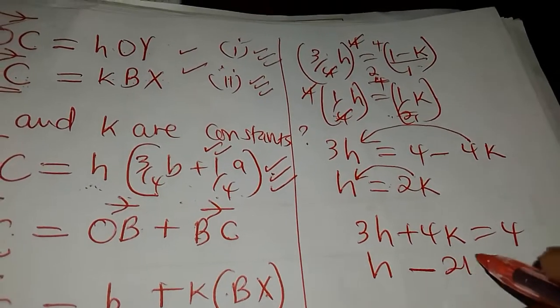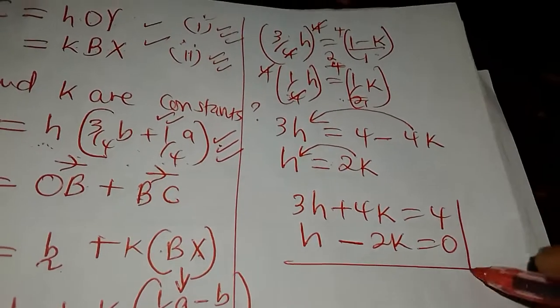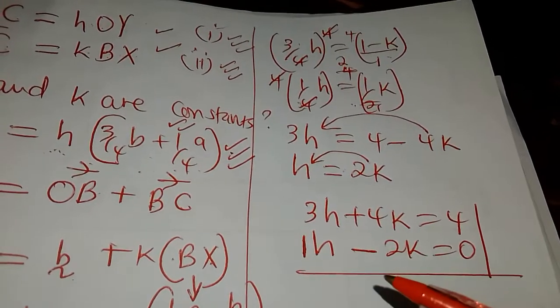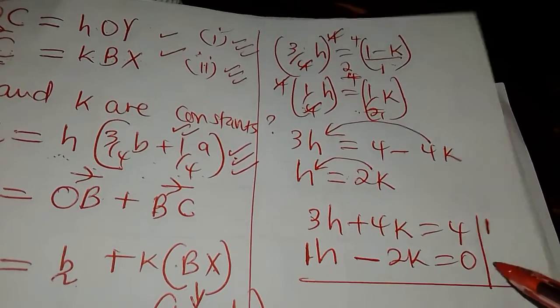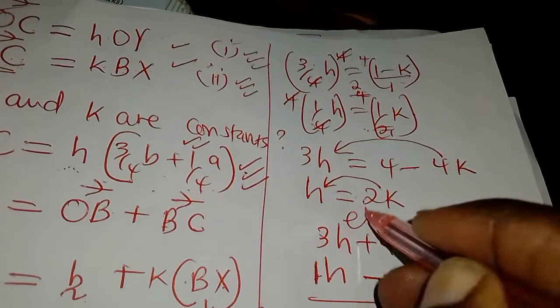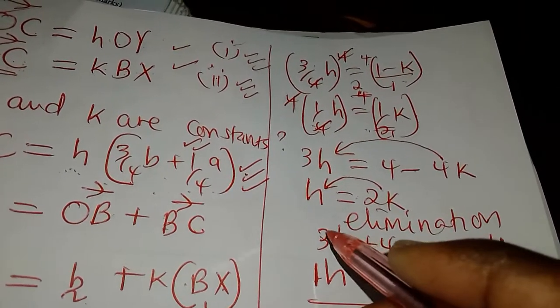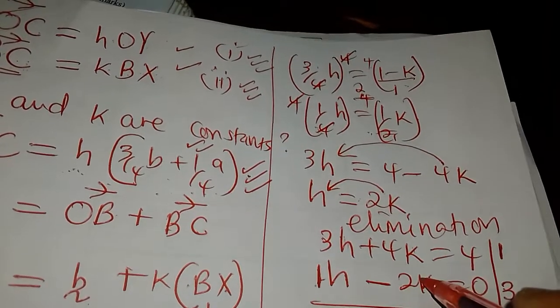So h minus 2k is equals to 0. Those are the two simultaneous equations. You can use the elimination method. You can use 3 and 1. There's something like 1 here because just 1 h. So I can take this 1 up here, then I can drop the 3 here. The method is called elimination. Once you use 3 and 1, you want to eliminate h, then remain with k.